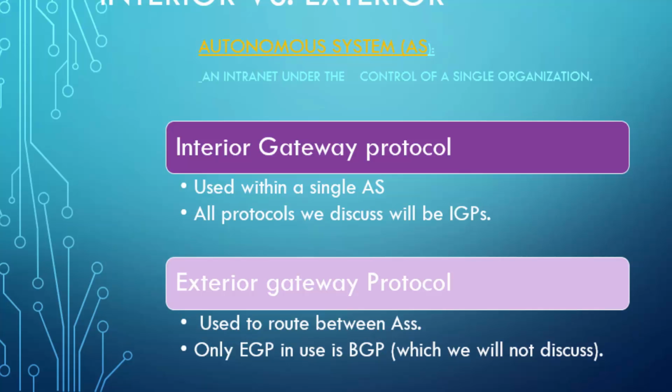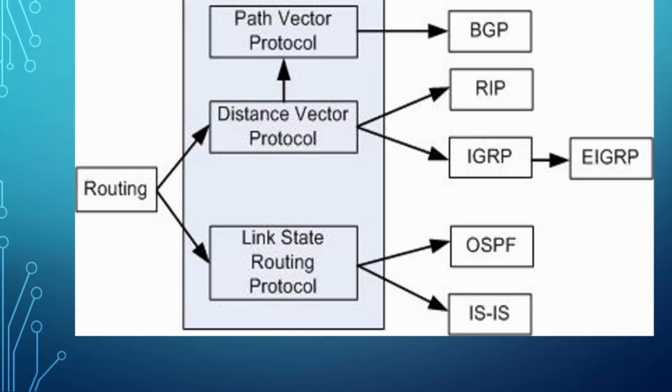So, an Interior Gateway Protocol is used within a single AS, a single autonomous system, and the protocol that we are going to be discussing will be IGP. There is an Exterior Gateway Protocol used to route between different autonomous systems, and the only one that we are going to see is BGP. We're going to barely discuss BGP right now, guys. To be very honest, we're going to focus on RIP, but mostly on OSPF and EIGRP.